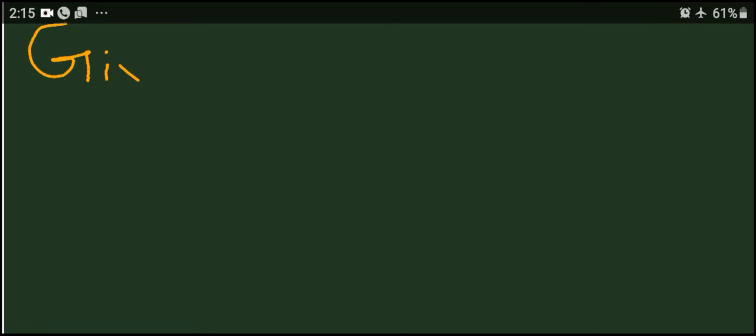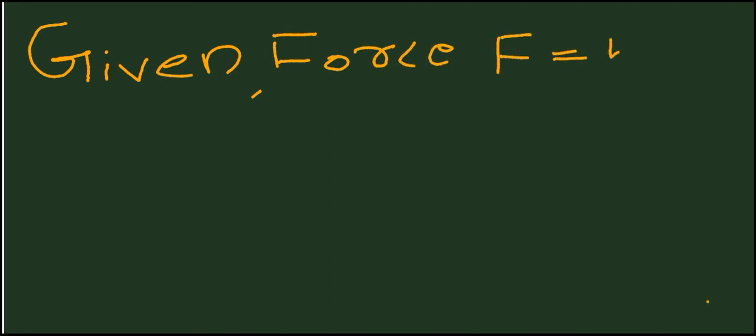So, here it is given that force F is equal to 5 Newton. Distance is also given.